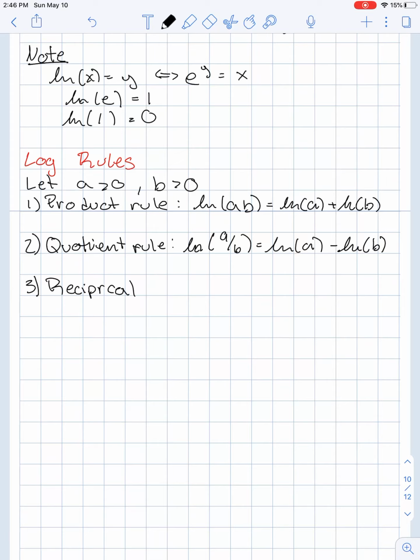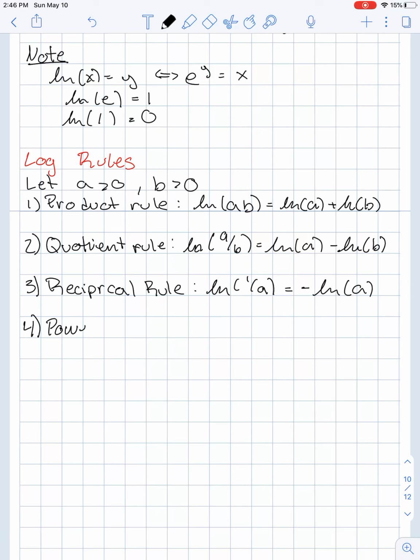The third rule is the reciprocal rule. So ln of 1 divided by x. Oh, not x. Let's keep it a. I can rewrite that as just negative ln of a.